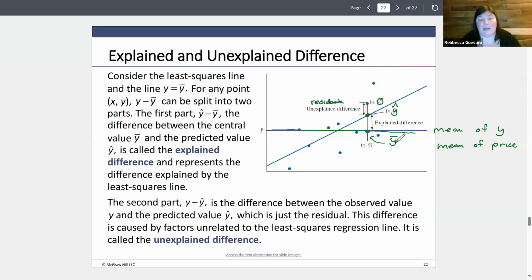The second part, y minus y hat, is the difference between the observed value and the predicted value, which is just the residual. This difference is caused by factors unrelated to the least squares regression line, and is called an unexplained difference. So this is the part that is explained, essentially, by footage. We can explain this difference here by footage. This difference here is explained by other factors.